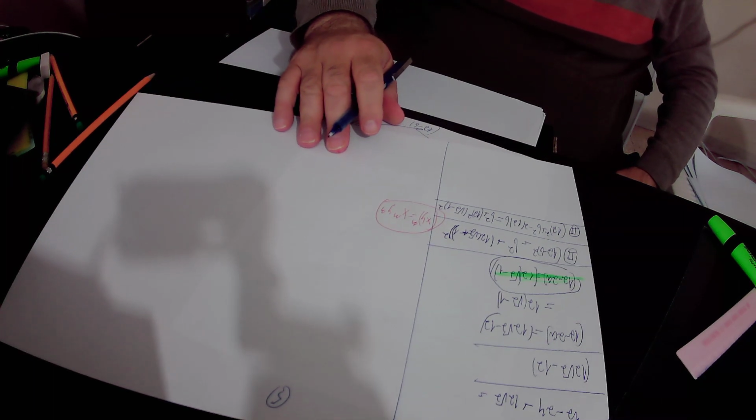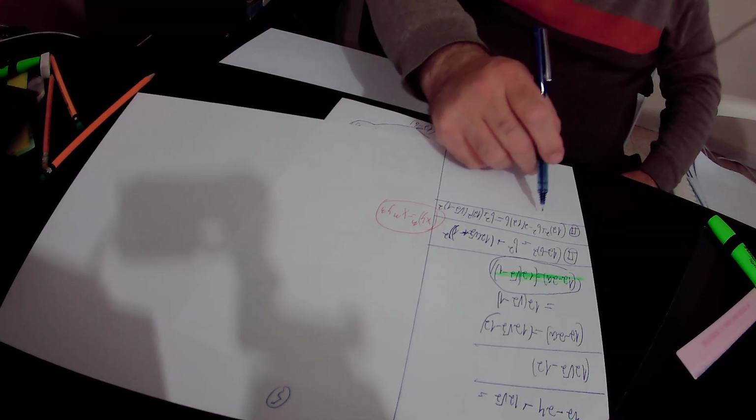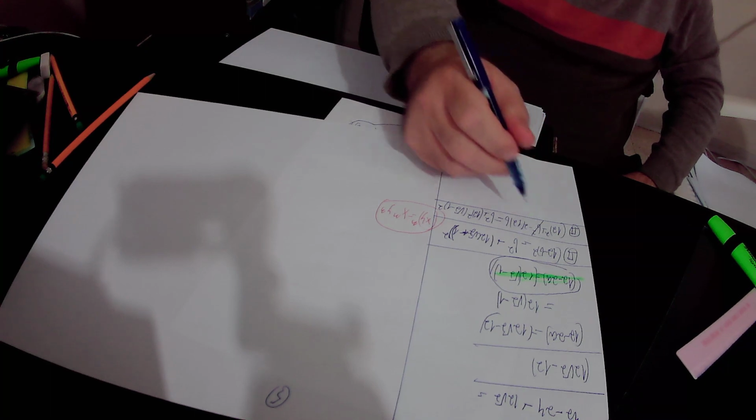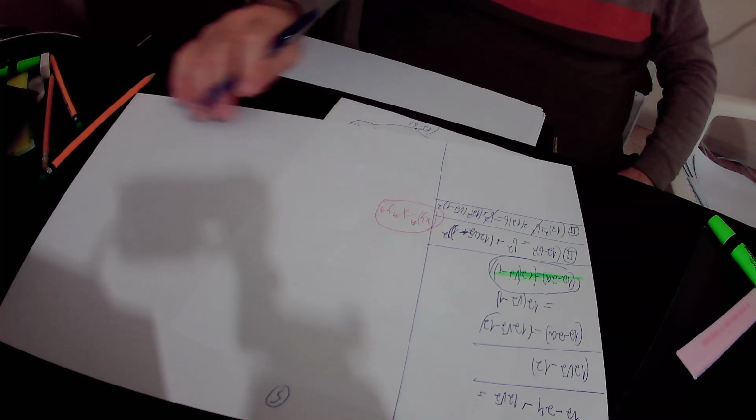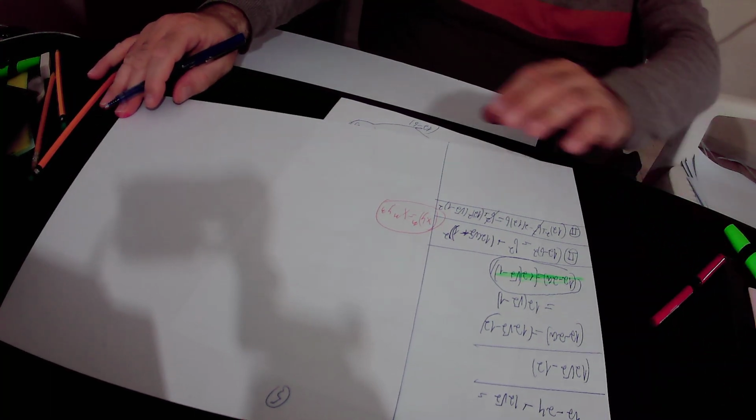So here we have B squared on both sides of the equation, so B squared will get cancelled. And what is left from equation number 2 after we cancelled B squared?